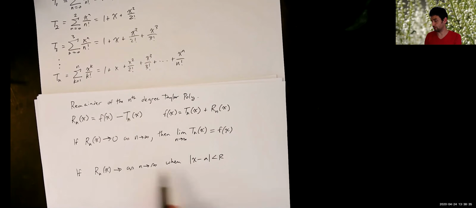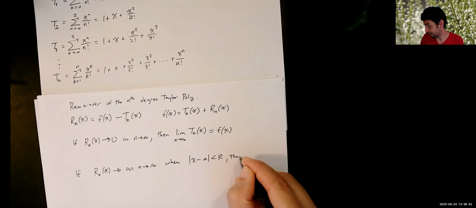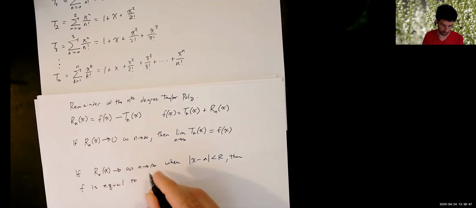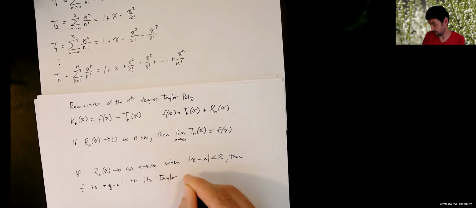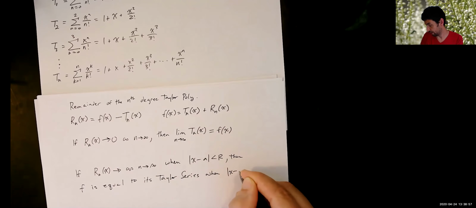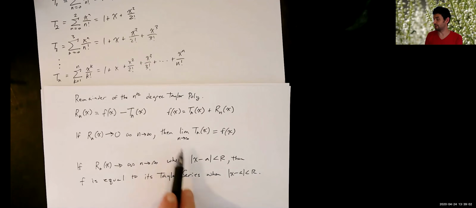So often this only works on some interval. The last one we looked at worked everywhere, but some of them will have some small interval. Then f is equal to its Taylor series when |x minus a| is less than r. So it's really just what I was saying up here, but adding in the fact that this might also depend on x.